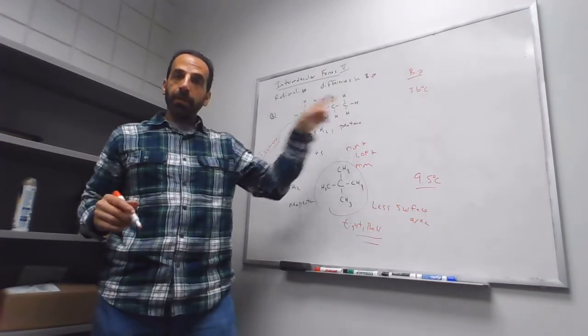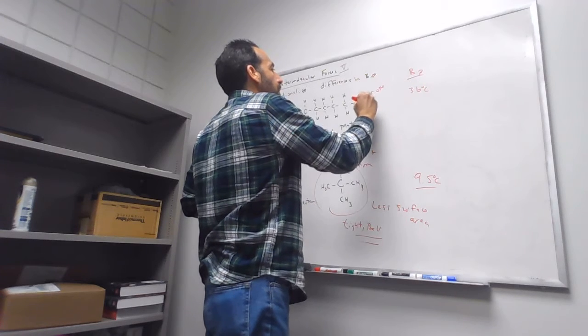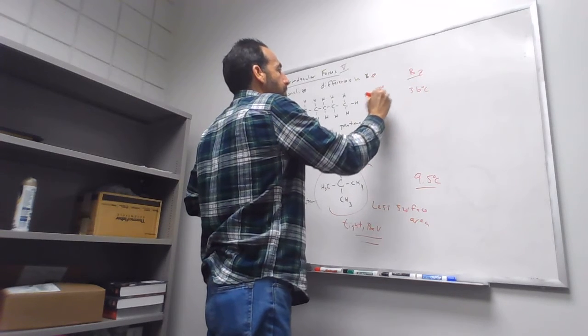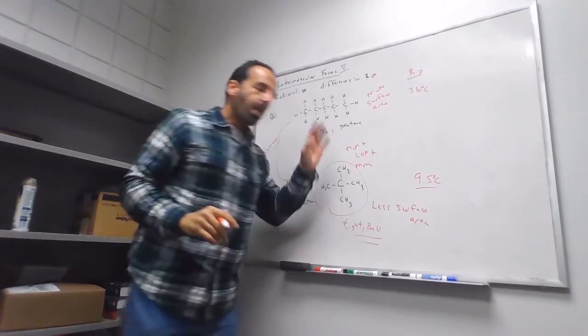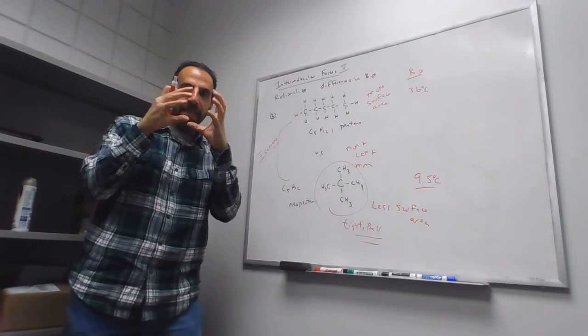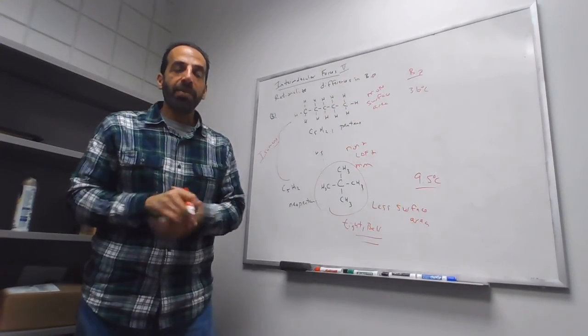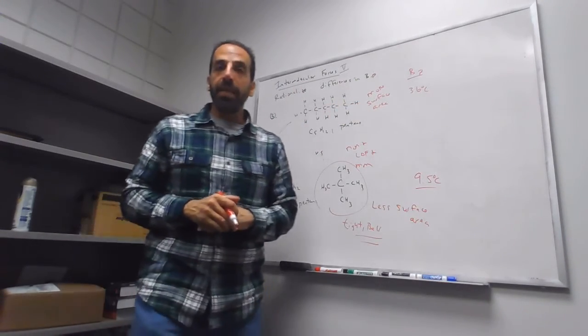This one is more spread out, more surface area. So even though they have the same molar mass, tight balls like this will have a lower boiling point than something that's spread out like this. And you'll see this throughout organic chemistry.